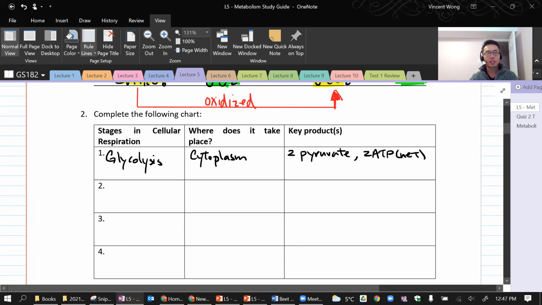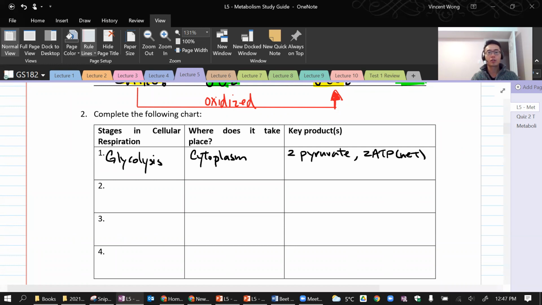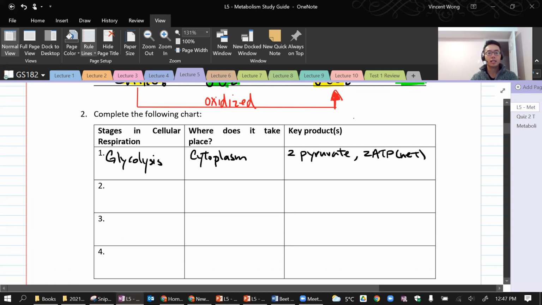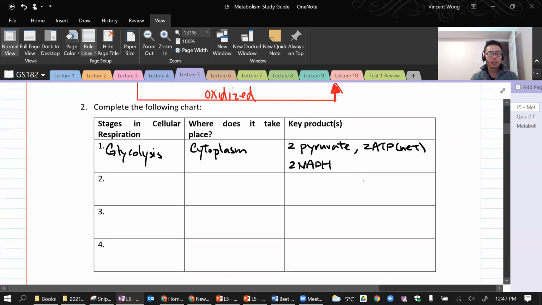Remember, you invested 2 and then you produce 4. So if you take away the 2 that you invested, you only make 2 net ATP. And then you're going to have 2 NADH. Those are the major products of glycolysis.